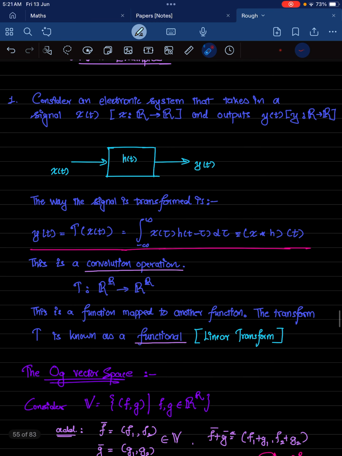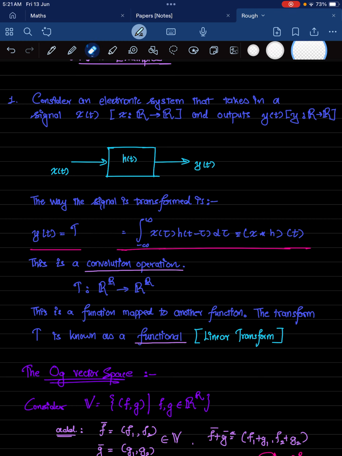Okay, so in this case I consider a very simple system, and that system is characterized by a function h of t. I'll explain what that is and how the input signal x is transformed. Oops, my bad. I'll write this down in a much more understandable way actually.